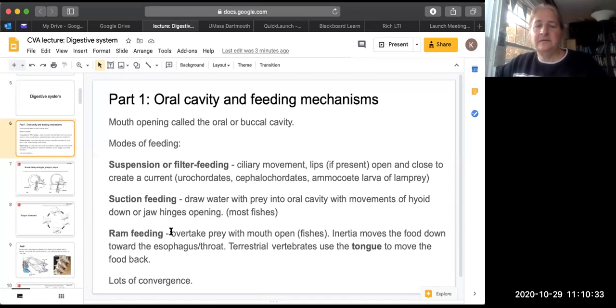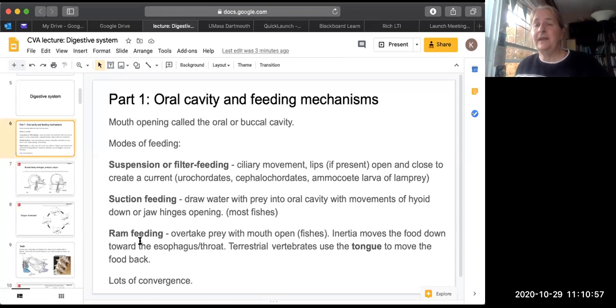Ram feeding is like ram ventilation, where their mouth is open and they just swim. In this case, they overtake the prey by swimming fast, and inertia moves the food towards the throat. Terrestrial vertebrates essentially use ram feeding.